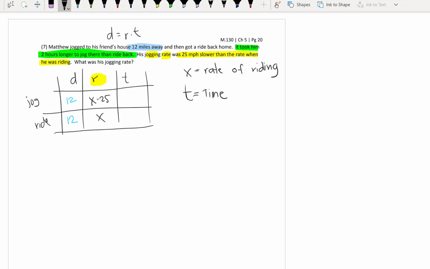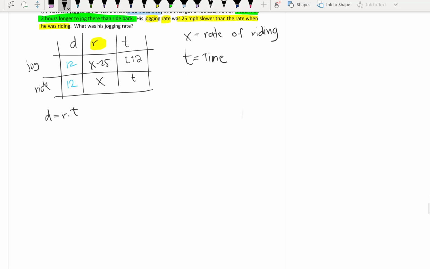I know that it took him 2 hours longer to jog, so t plus 2 hours versus just t. So I know that distance is equal to rate times time. So from my first equation, going across, 12 is equal to x minus 25 times t plus 2.